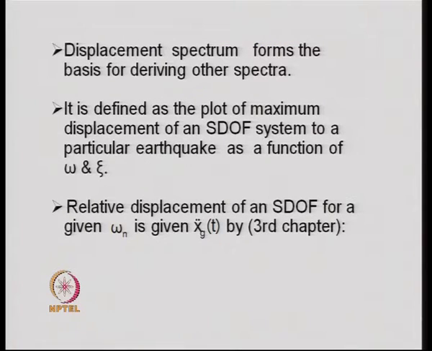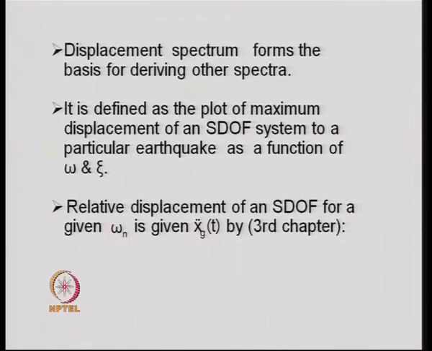Displacement spectrum out of them forms the basis for deriving other spectra. The displacement response spectrum is defined as the plot of maximum displacement of an SDF system to a particular earthquake as a function of the frequency and damping ratio. I assume that all of you have a preliminary knowledge about structural dynamics.